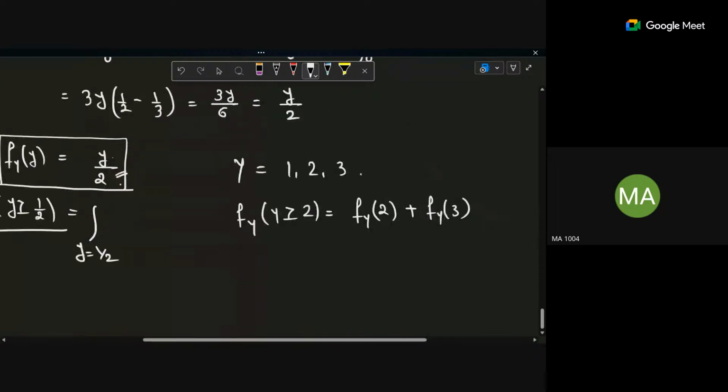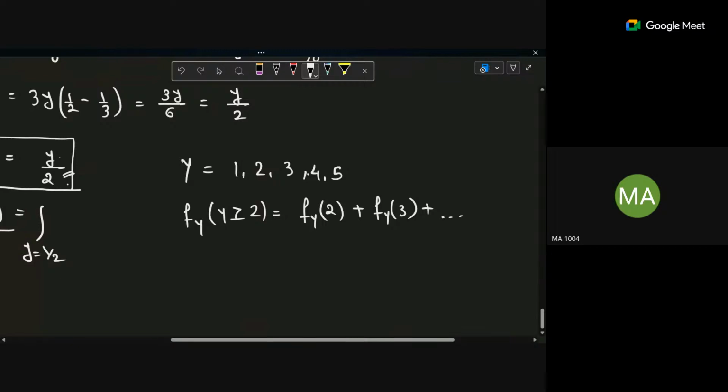Because when I say y is taking 2, 3, 4 and 5 only, let's say, at that time I will sum up over what? Was it the value of y or x? These were the values of y, y only, right? Yes, I summed up the marginal PMF over the values of y.